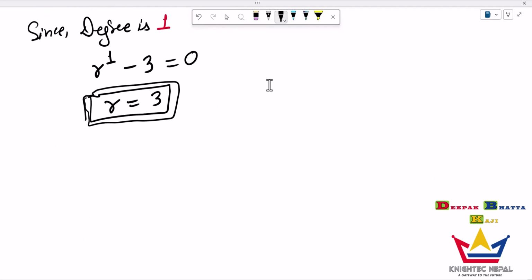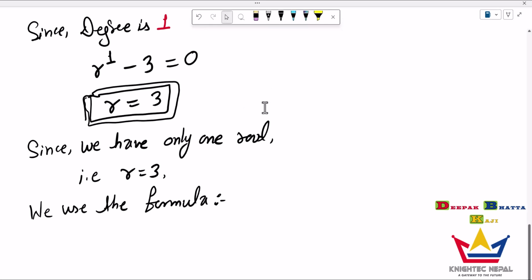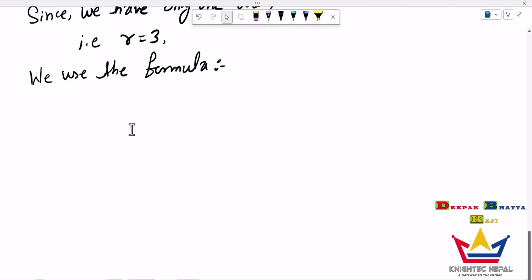Since we have only one root, that is r = 3, we use the formula as I already told you, this one: a_n = alpha · r^n. This is the formula we will use here.